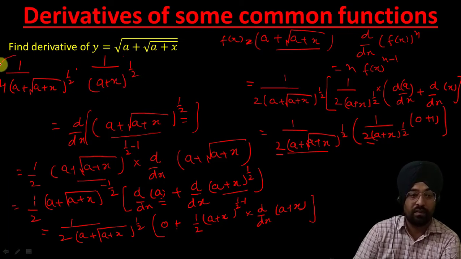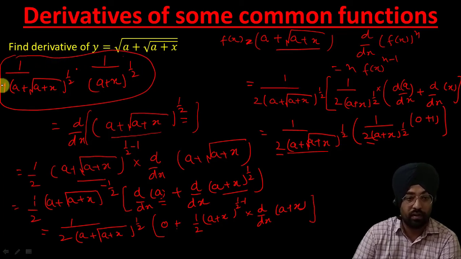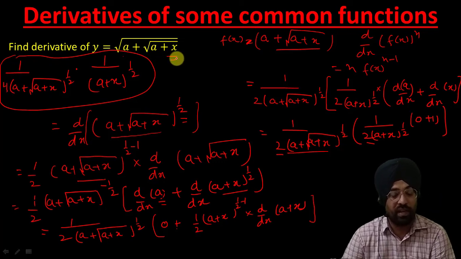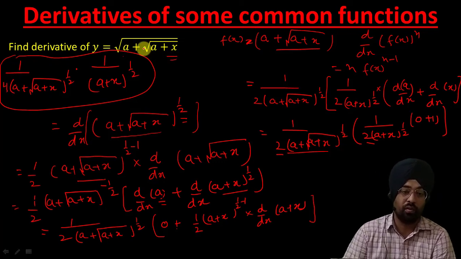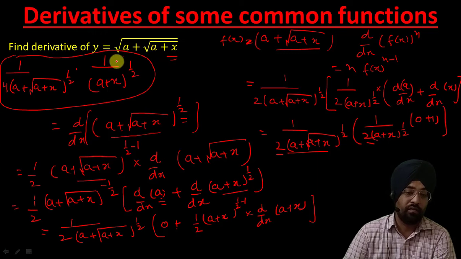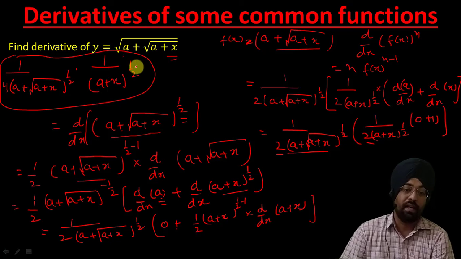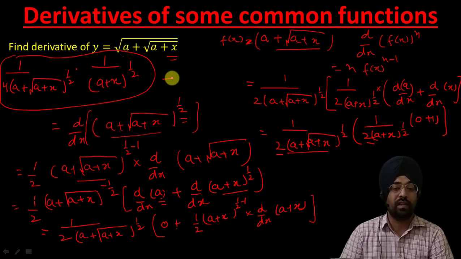So that is our answer. That is the derivative of a plus x square root whole square root. It is 1 by 4, a plus x square root whole square root, into 1 by a plus x square root. So that is the answer.